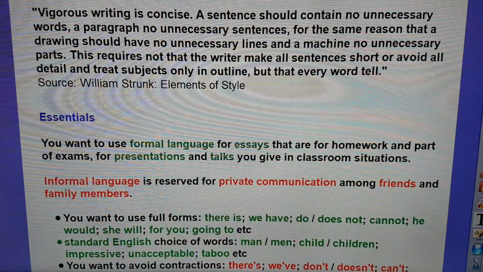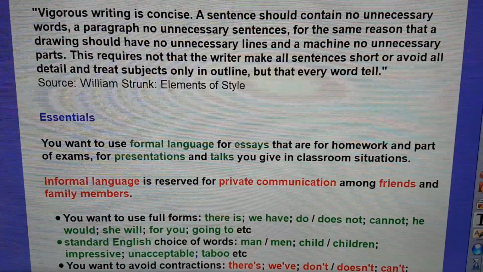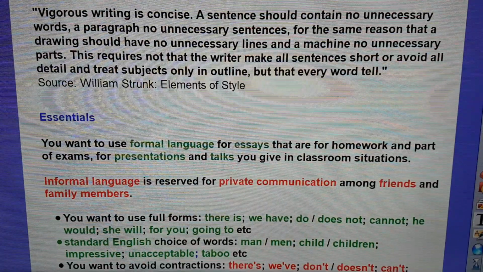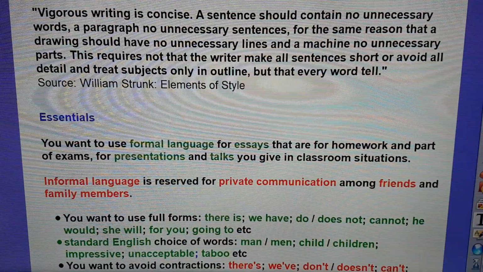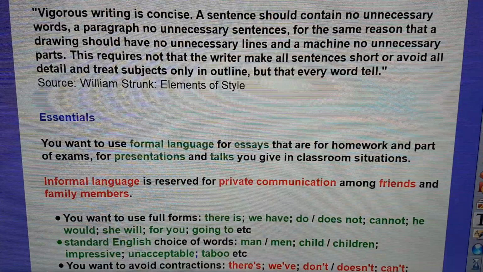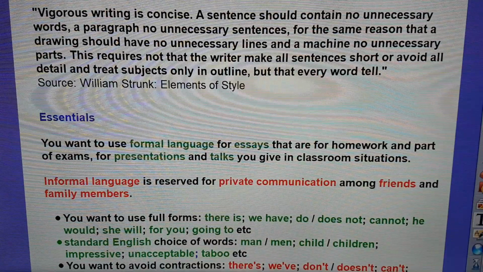But that is art. For starters, I've brought you a quote that I found in William Strunk's Elements of Style.